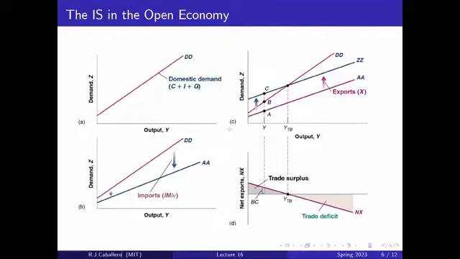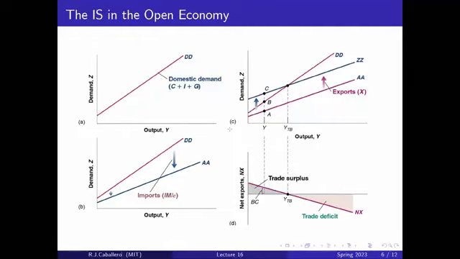We started from the same demand we had in the closed economy. Then we had to subtract imports. That shifts things down because part of the domestic demand is now going to foreign goods, not to domestic goods.